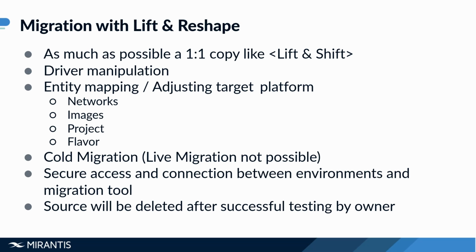But in OpenStack you get a flavor, which is a predefined, not box, but resources for your virtual machine, right? And we have to map this somehow. And the same is for projects and images.